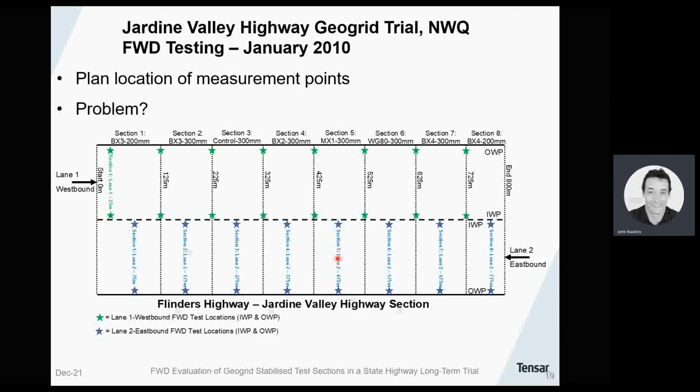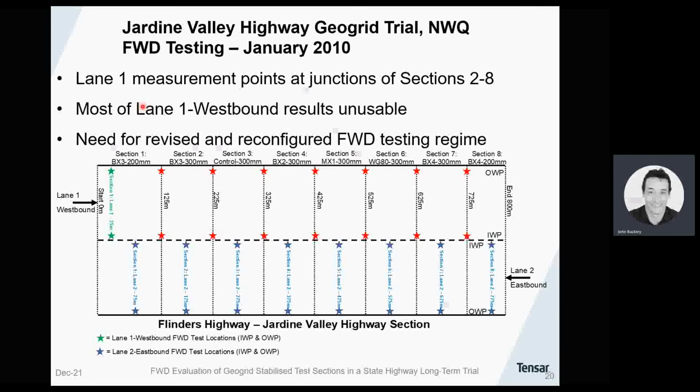We can see that we may have a bit of a problem here, and that is that most of the westbound lane measurement points are situated at the junctions of each section. And these are now represented by red stars. So these points were inadvertently sited at these junctions for sections 2 to 8, which really renders the lane 1 data unusable, since you can't assess which section is contributing to the performance, and you have to exclude this data.